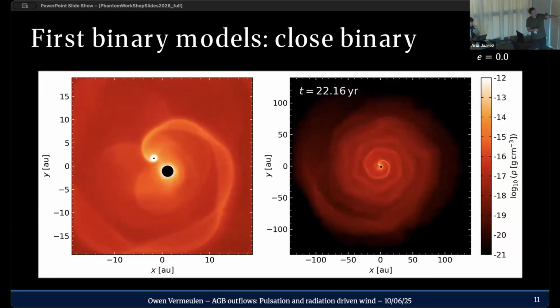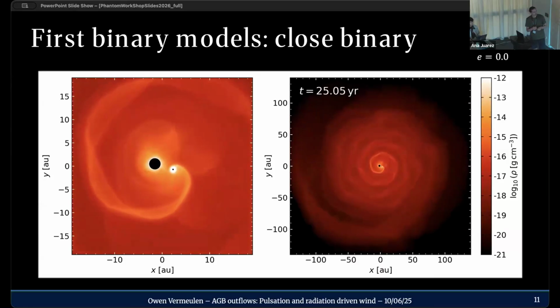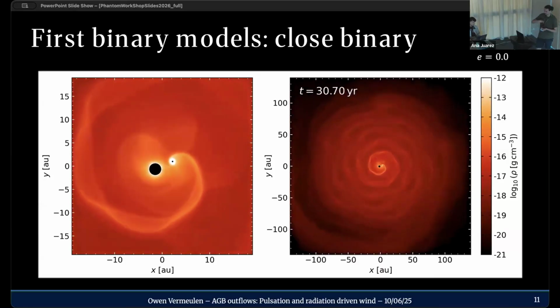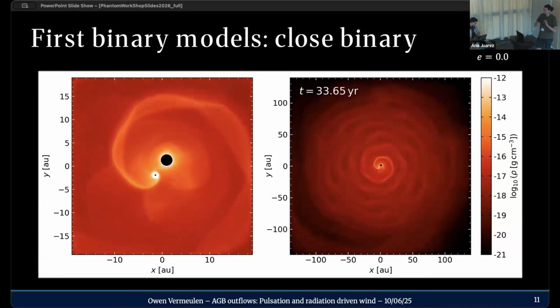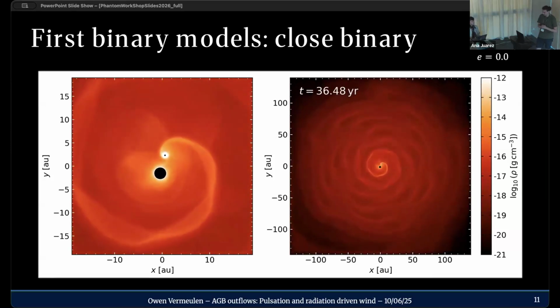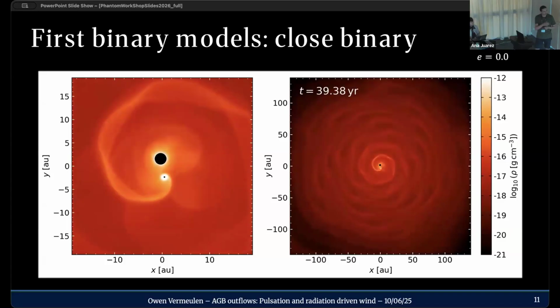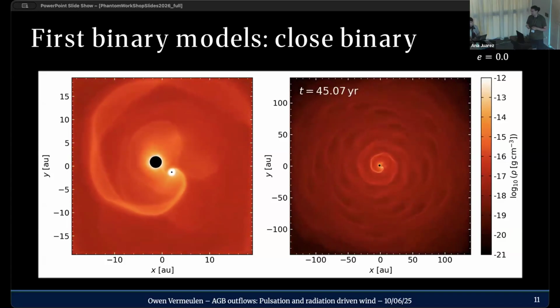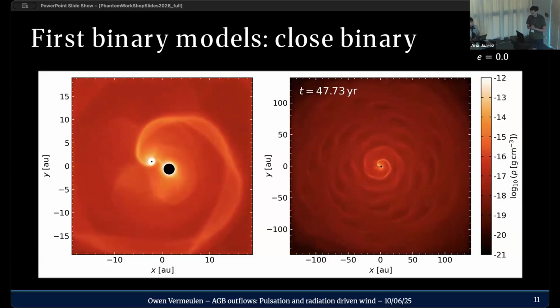And if you look just behind the companion, you can see how the pulsations interact with your spiral pattern, almost creating this fault-like pattern in your spiral arm. And then if you look on the right, you see that now the outflow has become significantly more complex. And we also have an accretion disk forming in this one, which was not the case for the wider binary.